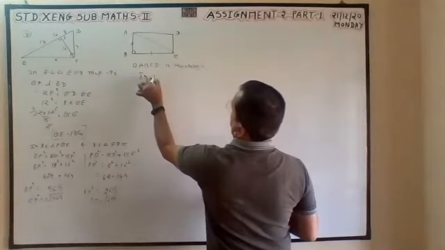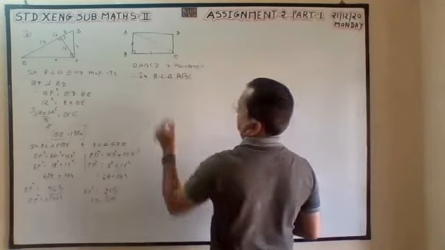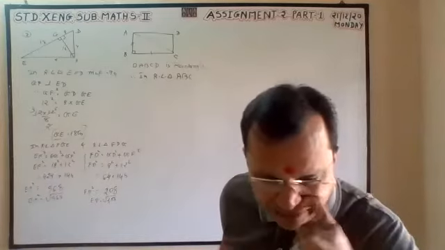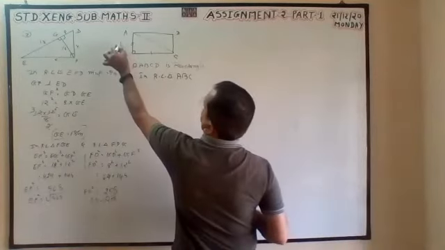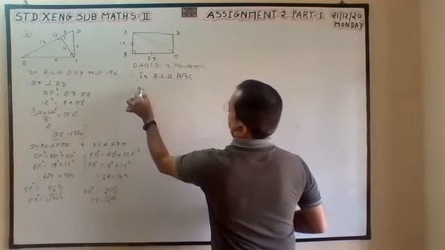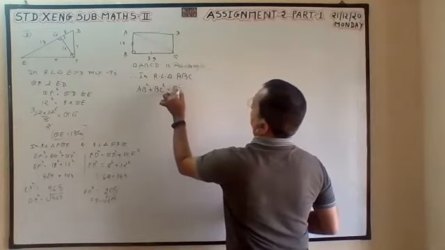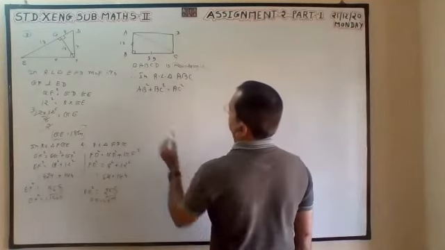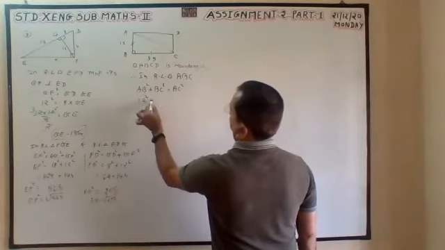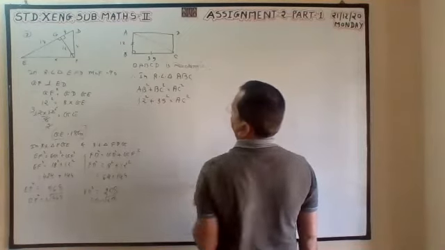Therefore, in right angle triangle ABC, 12 and 35 is given. So AB square plus BC square is equal to AC square. 12 square, 35 square, AC square.